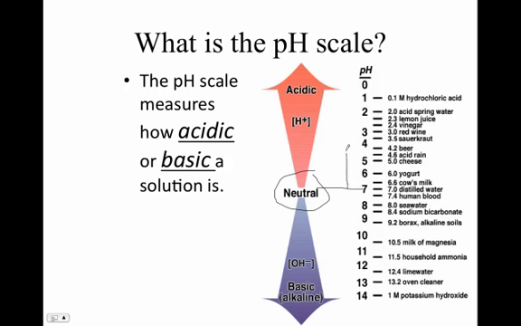Anything lower than 7 we say is acidic, and anything higher than 7 we say is alkaline or basic. Now pH actually stands for the concentration of the hydrogen ion. So the greater the concentration of hydrogen ions in solution, the stronger the acid and the higher the pH.